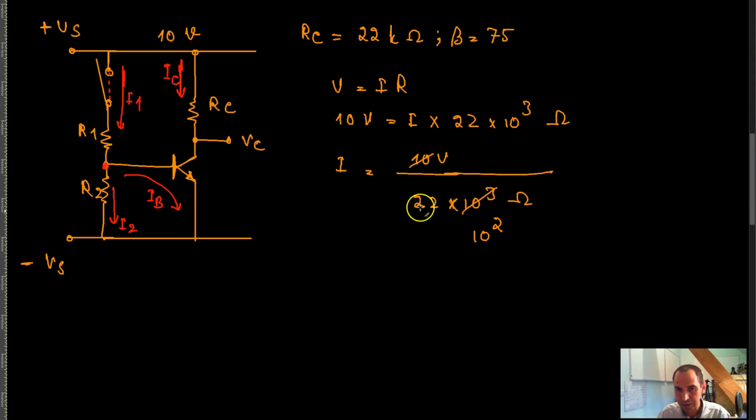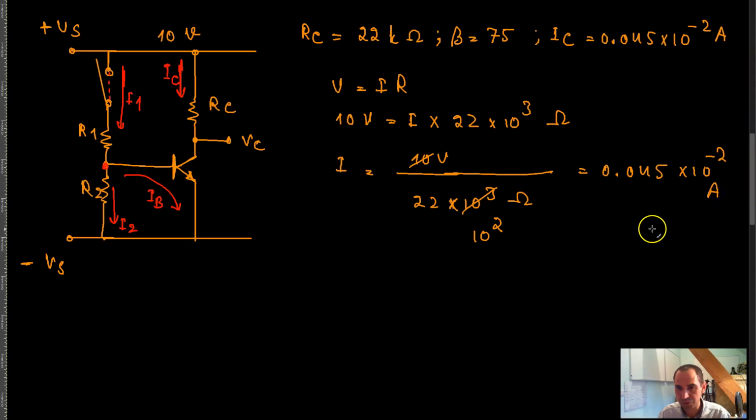So I take this as 0.045 into 10 raised to the power negative 2, and that is the current going through this branch over here. I call it I_C, and I_C is 0.045 into 10 raised to the power negative 2 amps. Right, so this is in amps, of course. So now we know the collector current of this transistor.